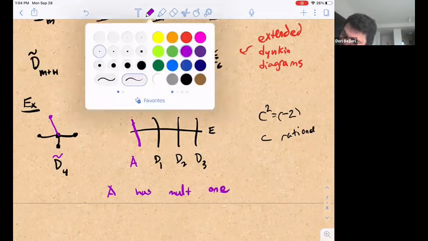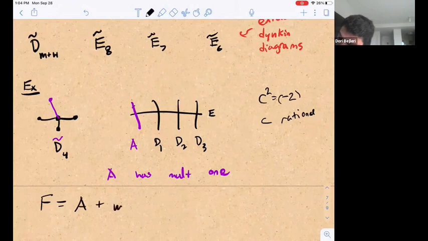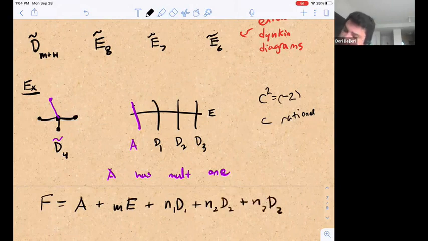And so our fiber is always going to be A plus some multiple times E plus N1 D1 plus N2 D2 plus N3 D3.